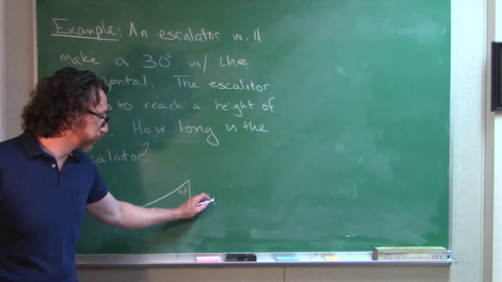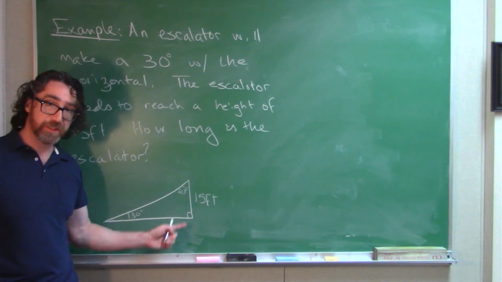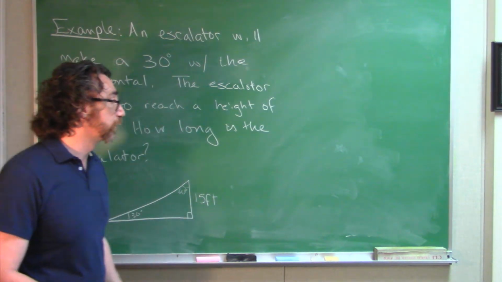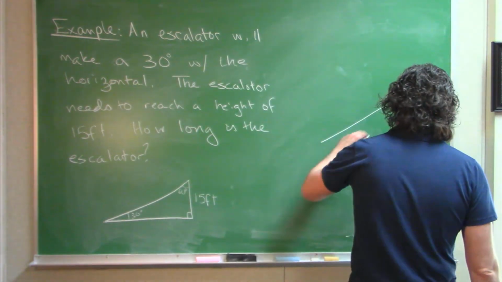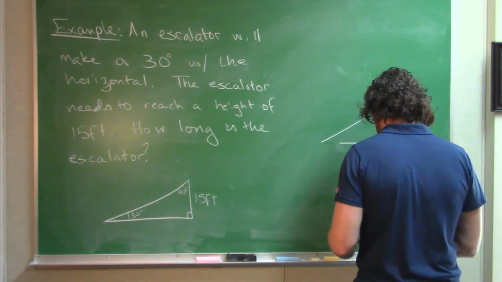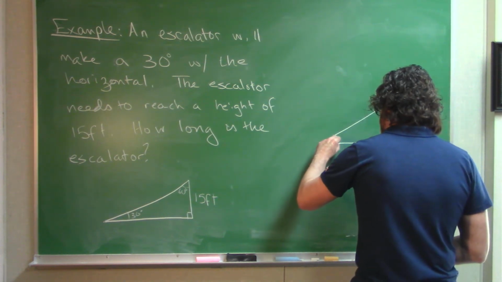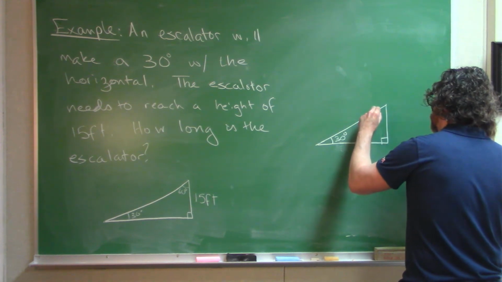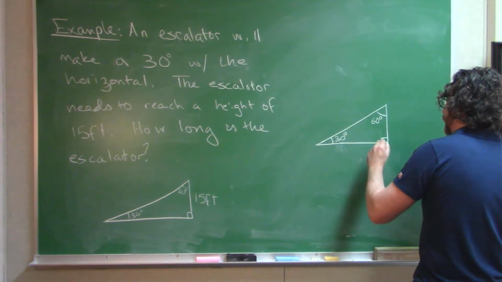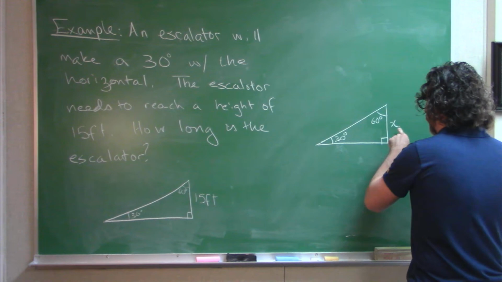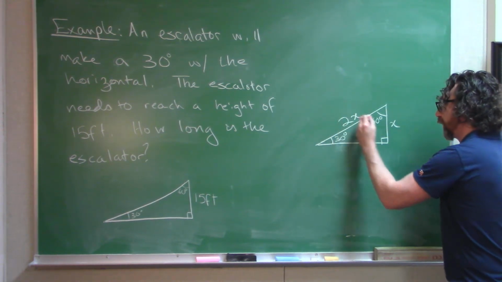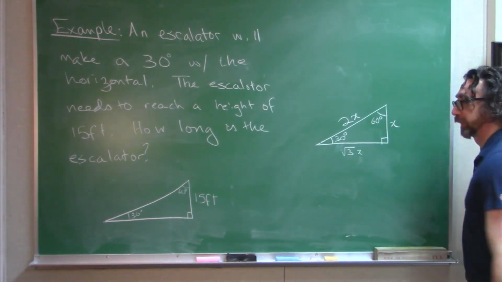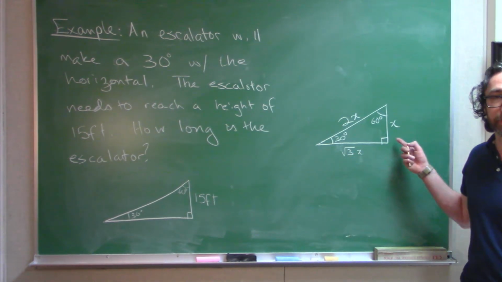So that means that this side length in my special 30, 60, 90 triangle must be 15 feet. Now, think about the scheme that we had before. Okay, we've got this situation. Now remember, whatever this was, the hypotenuse was double that. And we also knew that this leg was radical 3 times that height.